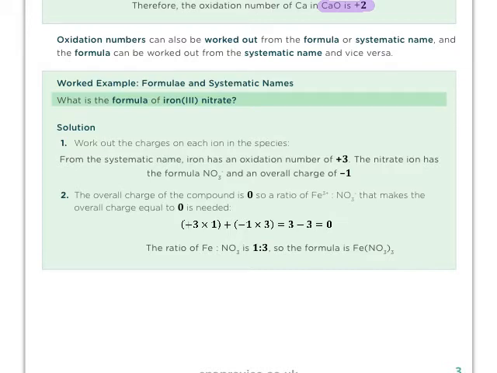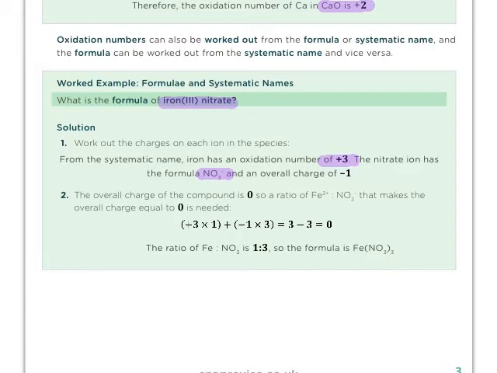So here we've got iron 3 nitrate. It tells us that it's iron 3, so therefore the Fe must have an oxidation number of +3. So there's the +3 for the iron. And we know that NO3, the complex iron nitrate, has a 1- or a -1 oxidation number.